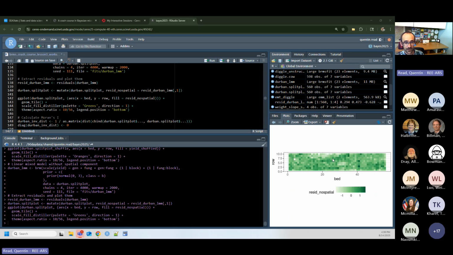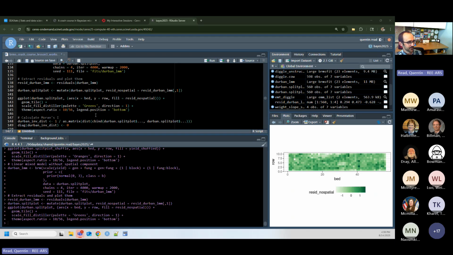There's that area of low yielding plots, which spans multiple blocks. We still see that even after we've accounted for block and treatment and everything. This area has a negative residual, so the yield is lower than we would expect there. And this area, for example in the lower right, looks like higher yield even after accounting for everything else.